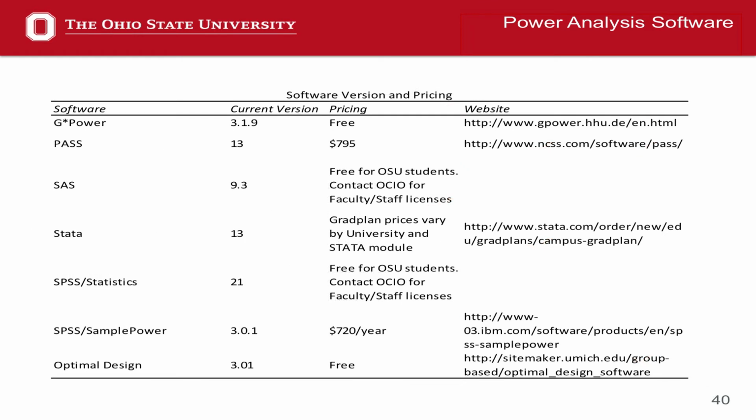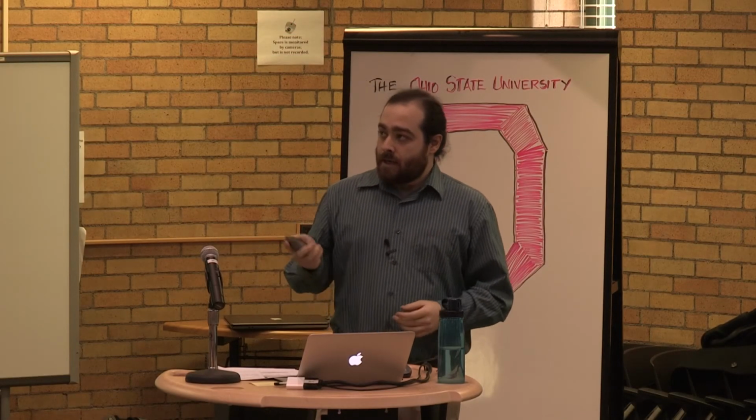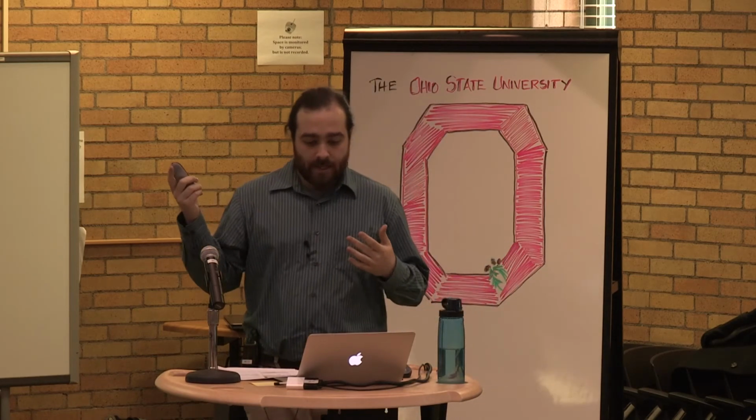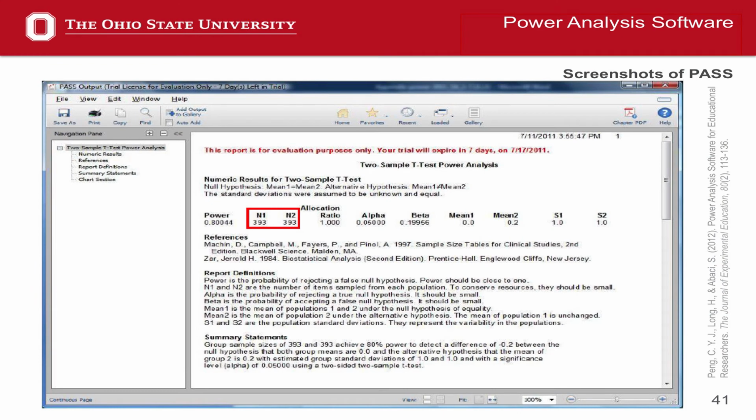This is the same table, and I've included links to the specialized software packages in case you're interested in that. Okay, so on this first slide, I have some screenshots from PASS, and we're just going to go through this really quickly to give you an idea of what the user interface looks like.